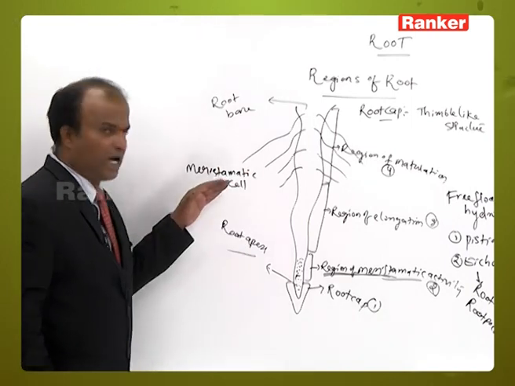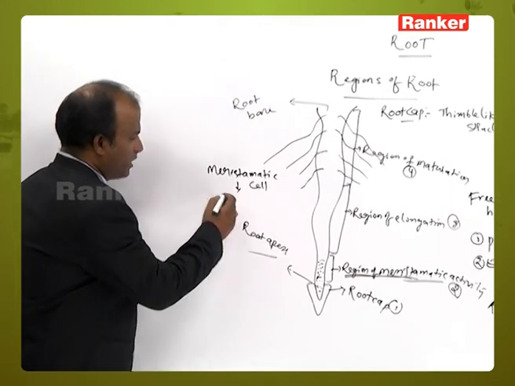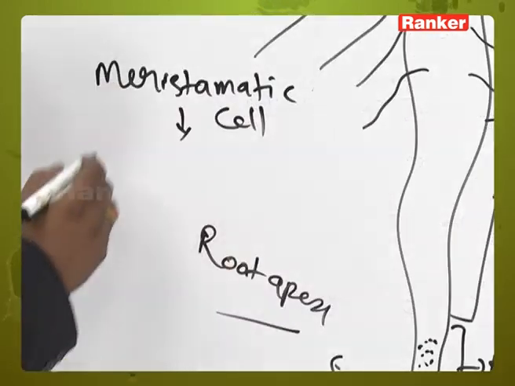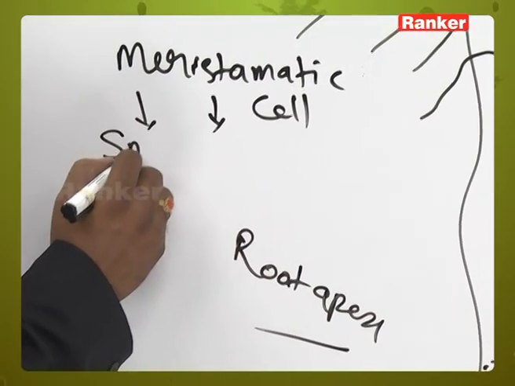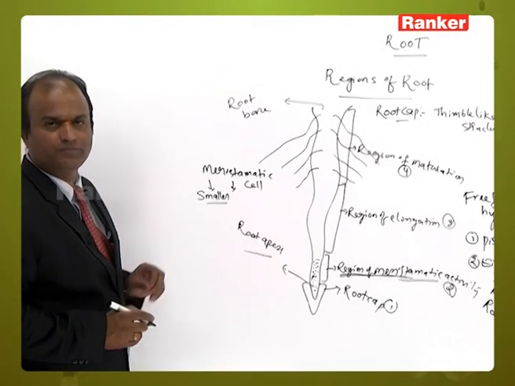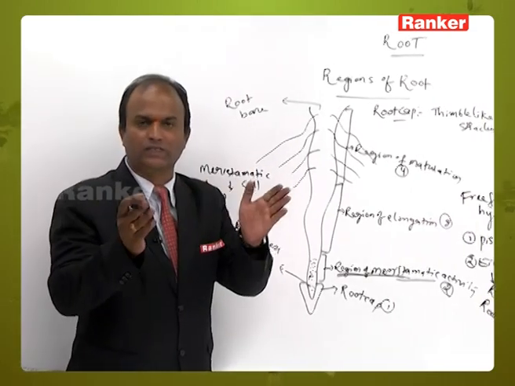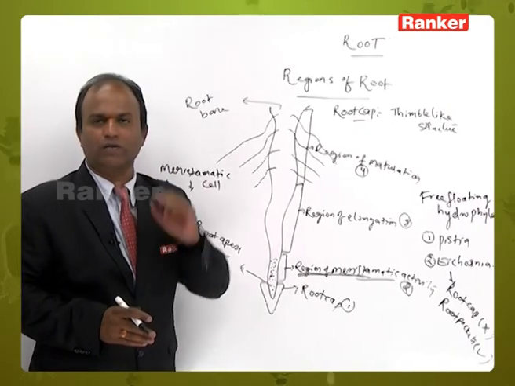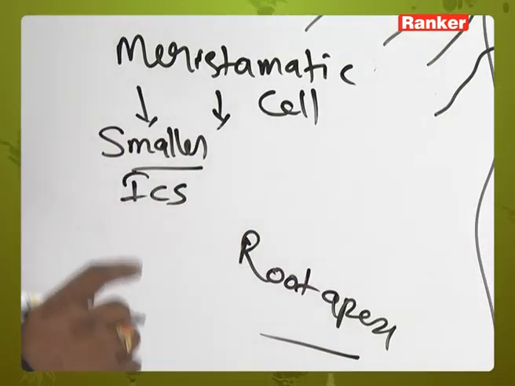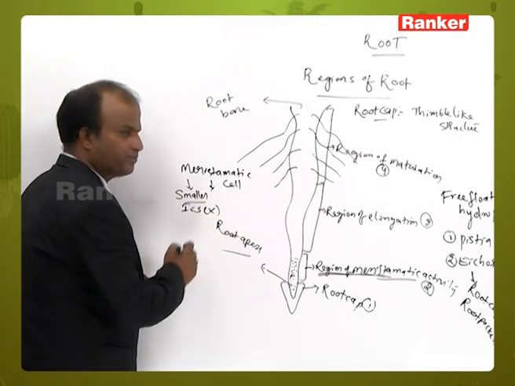Can you tell me the characteristic features of this meristematic cell? These meristematic cells are very small in size. No intercellular spaces can be seen; the intercellular spaces are completely absent.